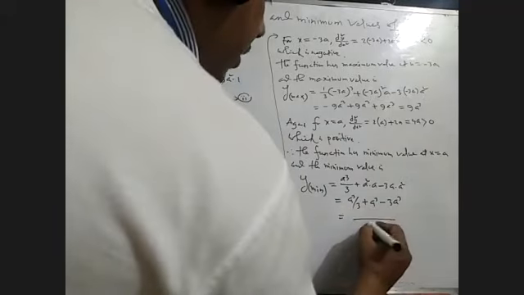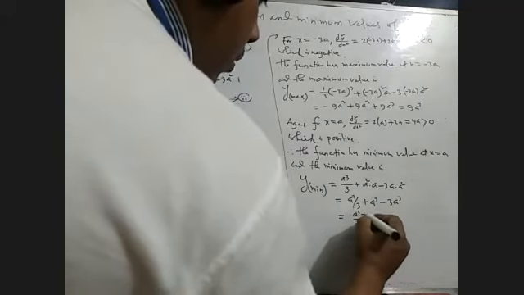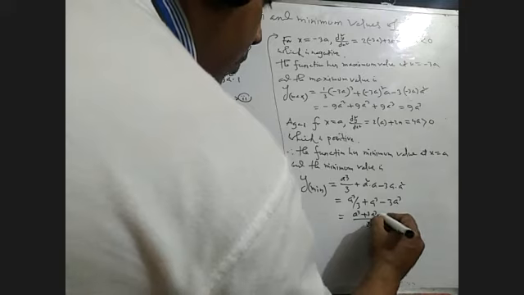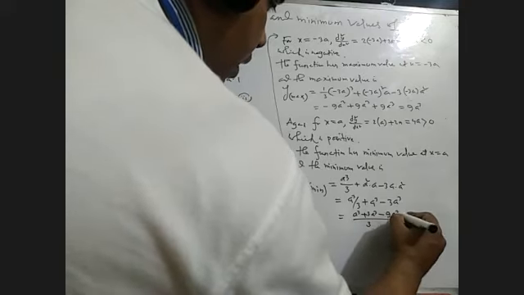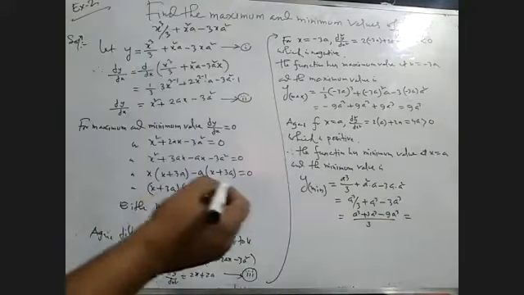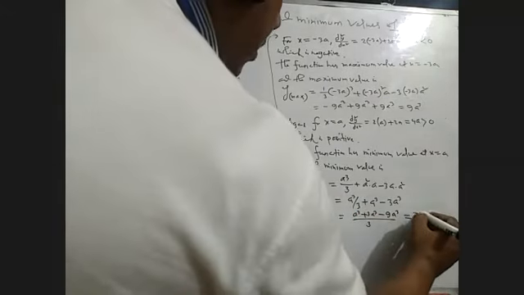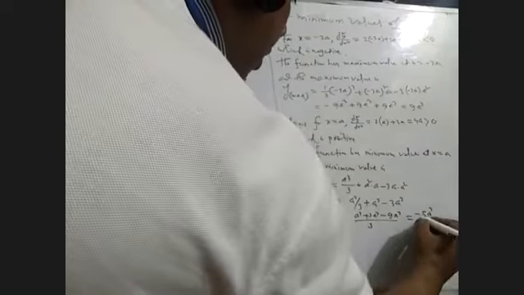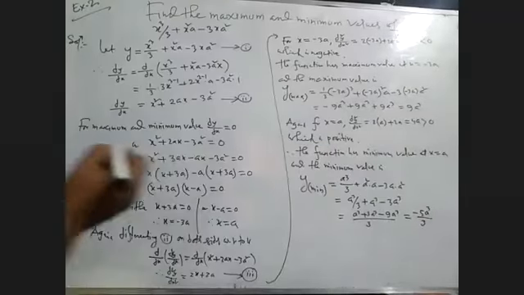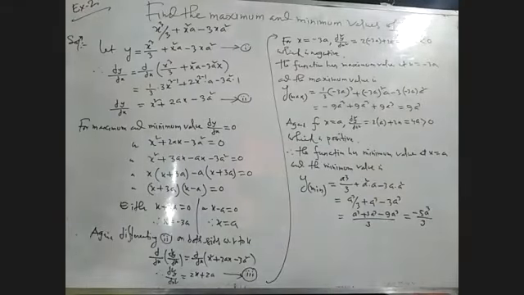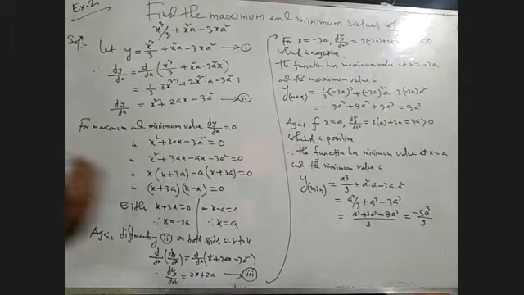Taking 3 as LCM, a cube plus 3 a cube minus 9 a cube. So we get minus 5 a cube divided by 3.